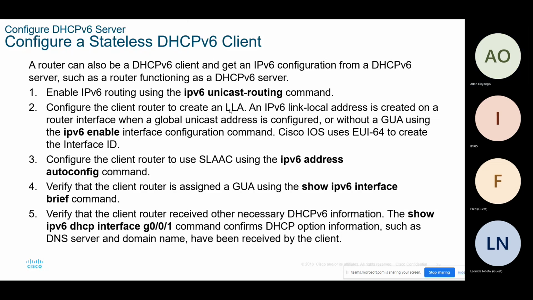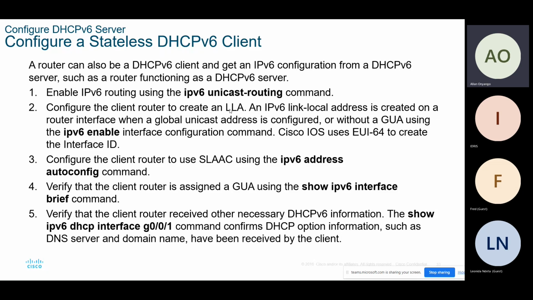Now, it's important to note that every time you configure a router interface with a global unicast address, the interface will automatically create a link local address.